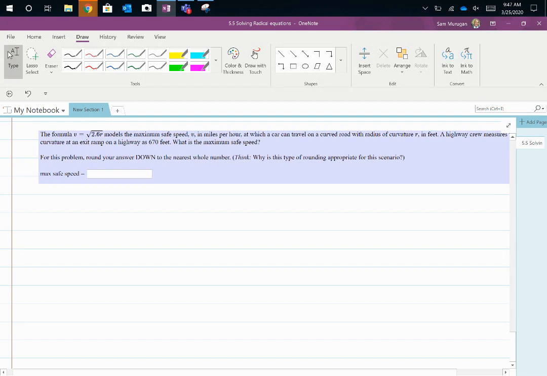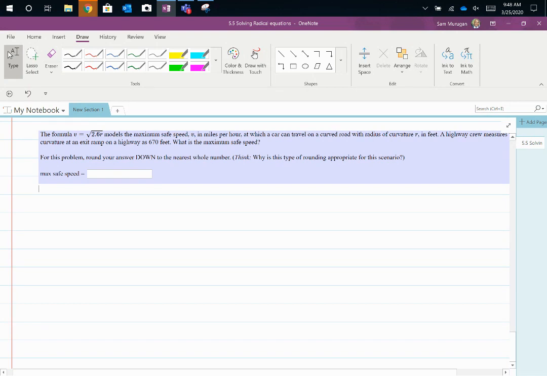So what's happening here is, for example, if you have to take an exit off of the expressway, you'll see little signs posted that say maximum exit speed 35 miles an hour.